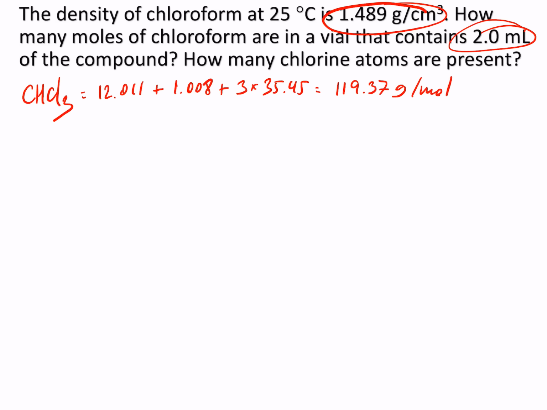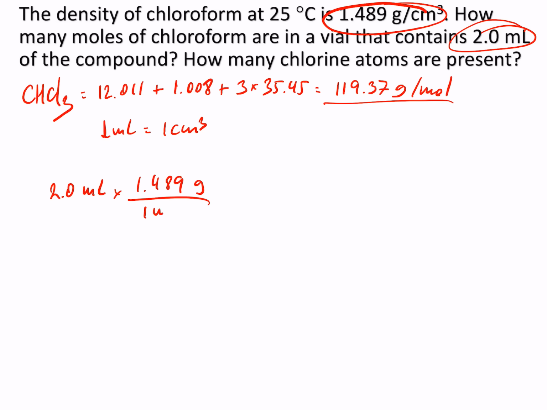Okay, so density is a conversion factor, molar mass is a conversion factor. You can connect all those to calculate the number of moles in that volume. Thing to remember is that 1 milliliter is 1 cubic centimeter, so I can just replace that unit in the density to make calculations a little faster. So we start with those 2 milliliters times 1.489 grams, which is the mass of 1 milliliter.